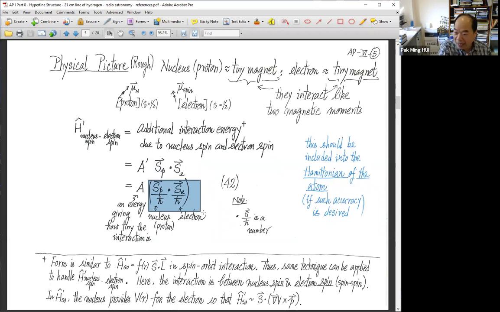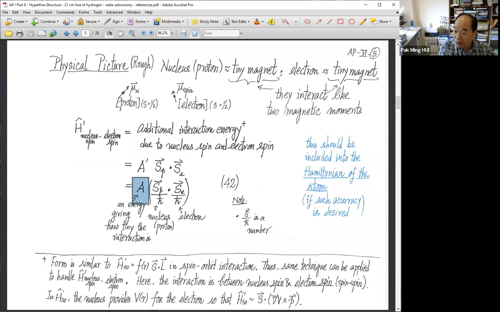You divide the angular momentum by h bar, that becomes a number. For example, square root of s times s plus 1, right? That is the magnitude. With the h bar, then it gives you the natural unit. And this is meant to be an interaction energy. Therefore, we have put all the energy stuff in the prefactor A.